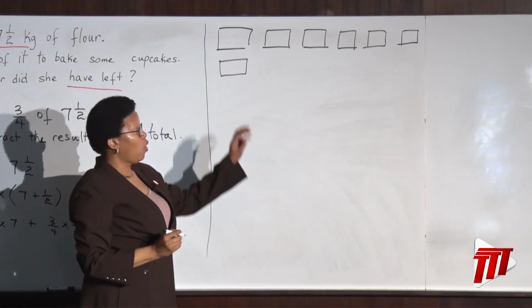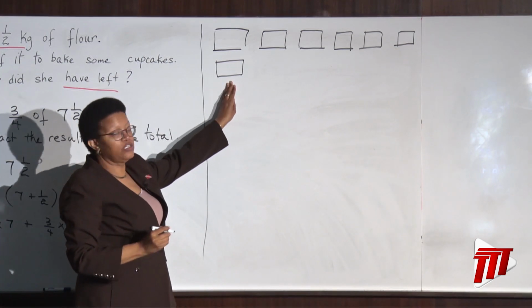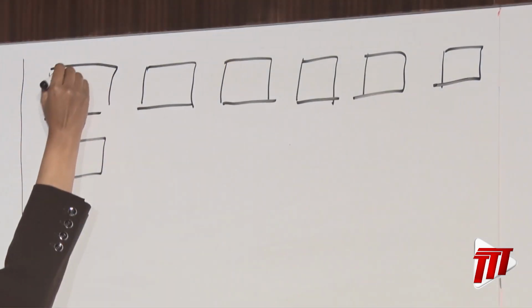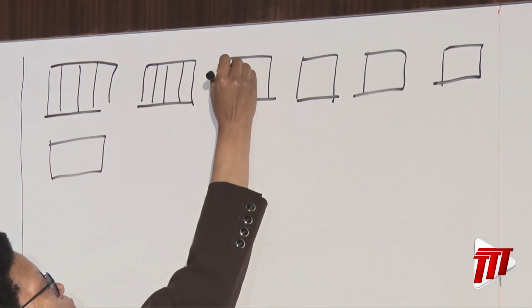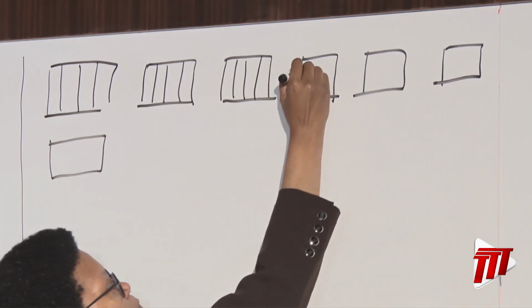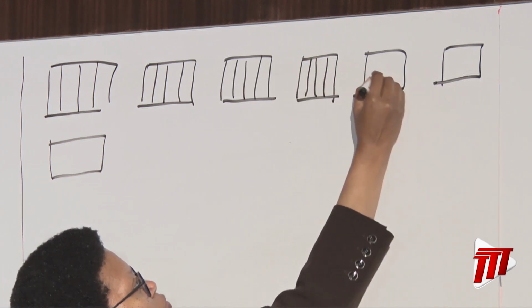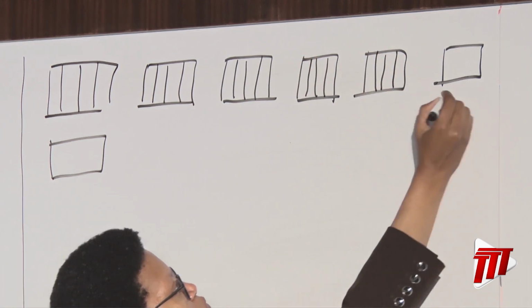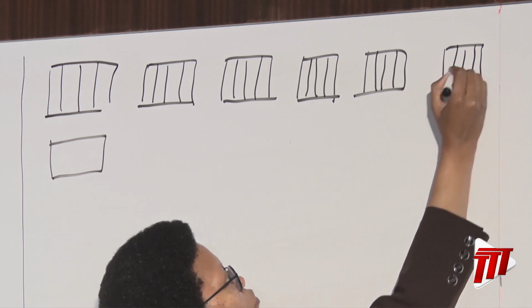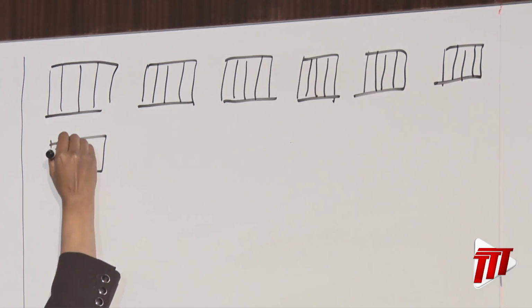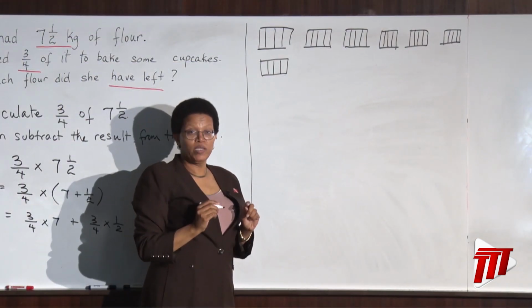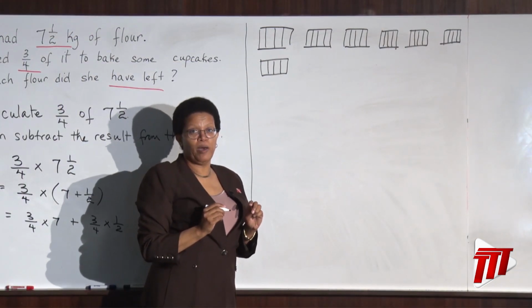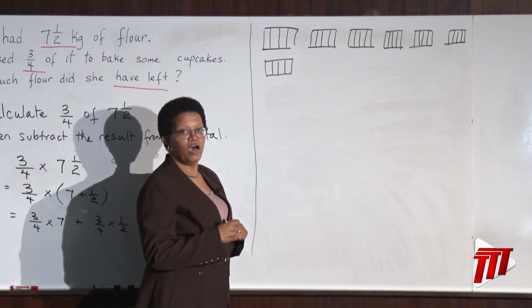We want all our wholes to be divided into quarters. Boys and girls, the idea is that the whole is divided into 4 equal parts. Let's look at the half.